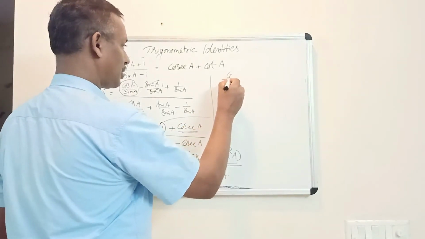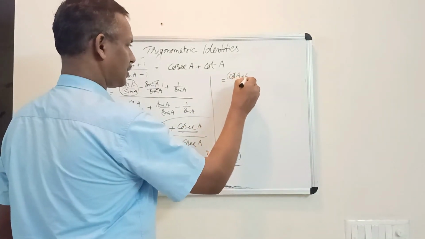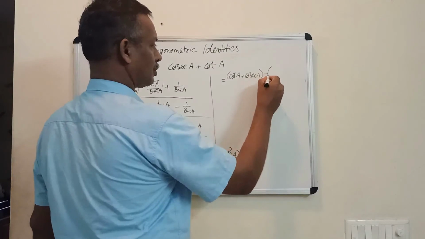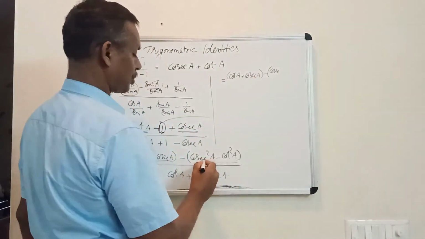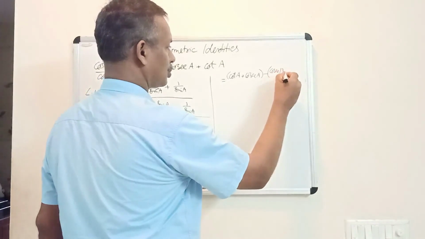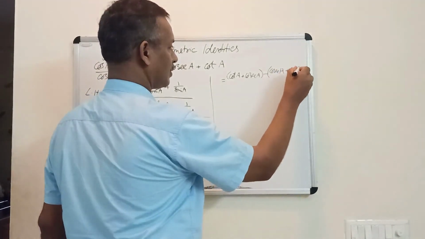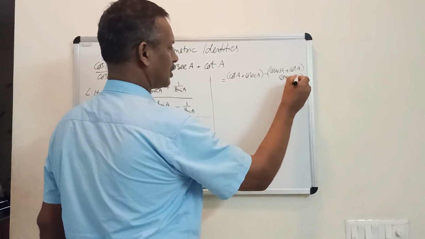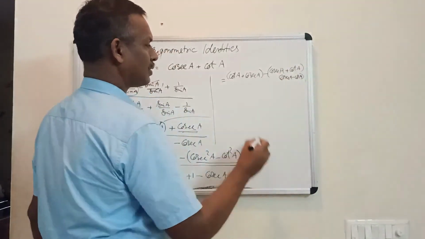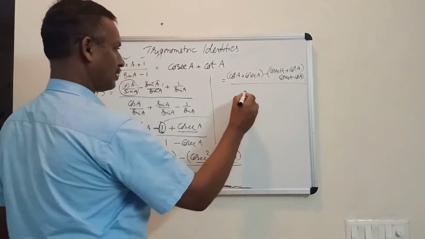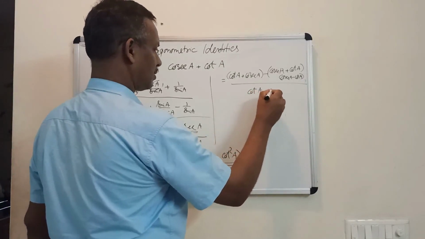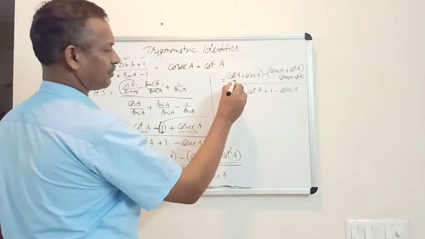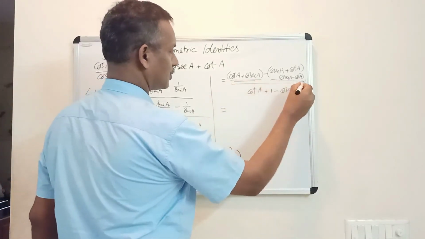So we can write cot A plus cosec A minus this, and cosec square A minus cot square A can be written as cosec A plus cot A into cosec A minus cot A, upon the denominator cot A plus 1 minus cosec A. Then we can take a common factor from this portion and this portion.